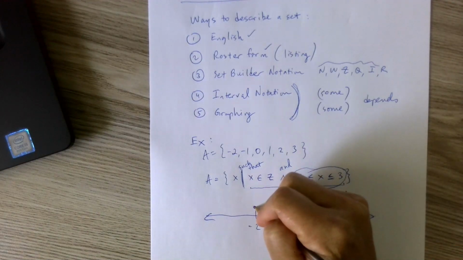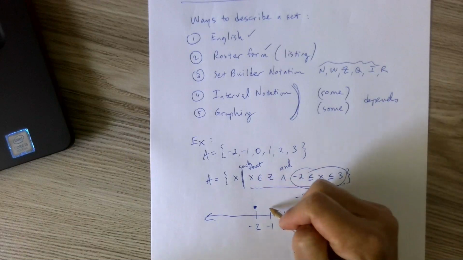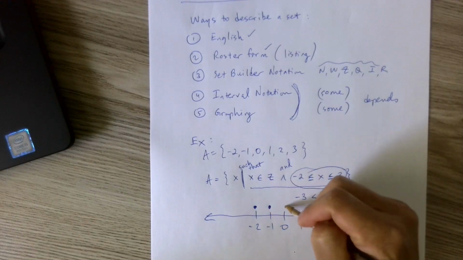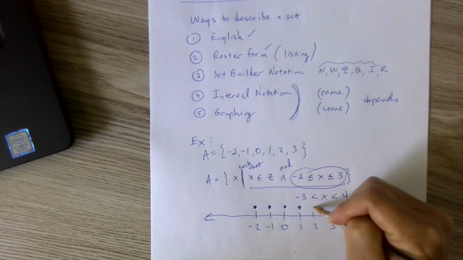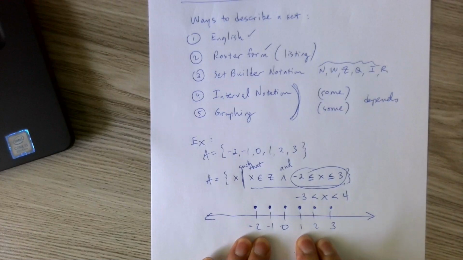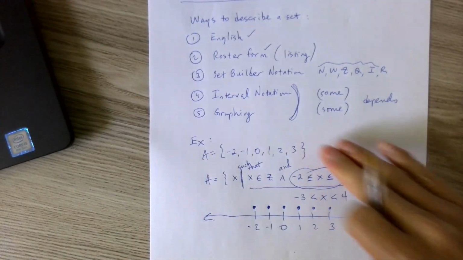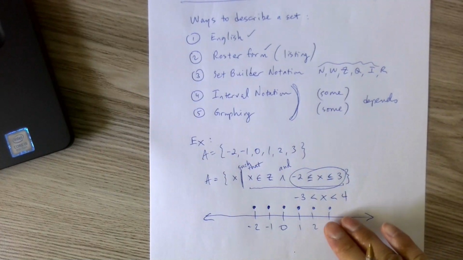And then to show that my set includes -2, I just put a filled-in circle above the -2. And I also include -1, 0, 1, 2, 3. Okay, so that's the same set as that, which is the same set as that. Roster, set builder, graphing.